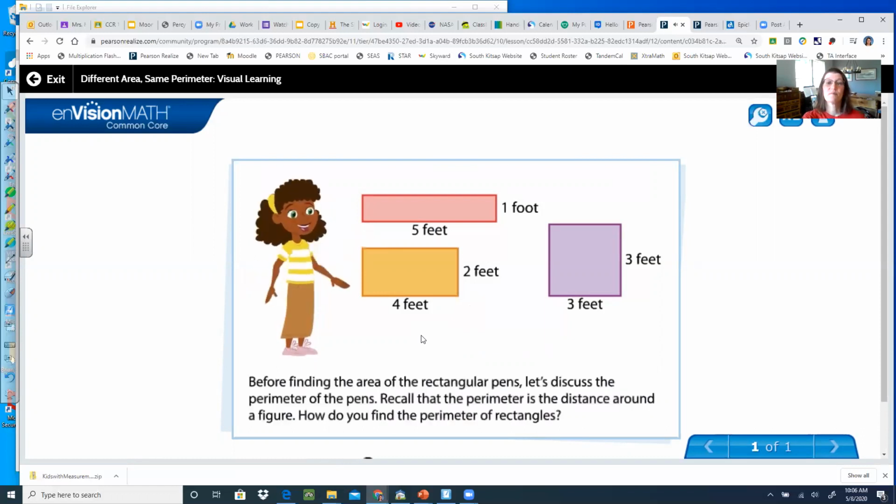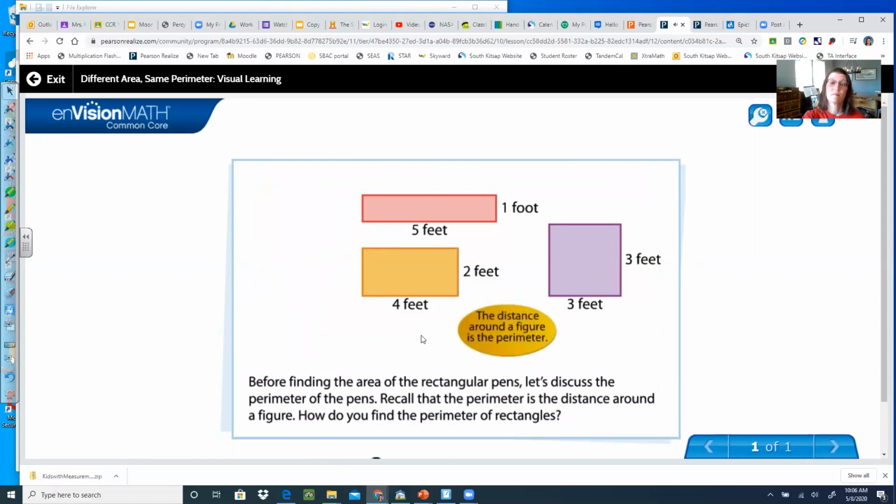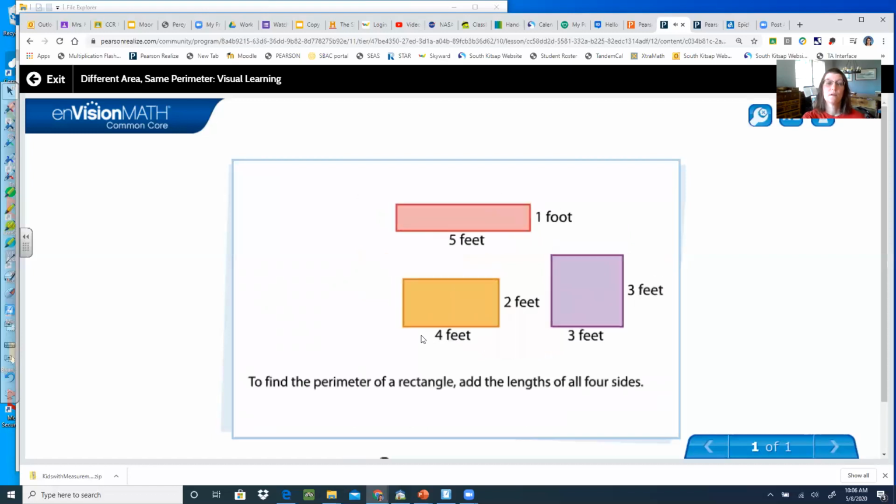Before finding the area of the rectangular pens, let's discuss the perimeter of the pens. Recall that the perimeter is the distance around a figure. How do you find the perimeter of rectangles? You add both sides. To find the perimeter of a rectangle, add the lengths of all 4 sides.